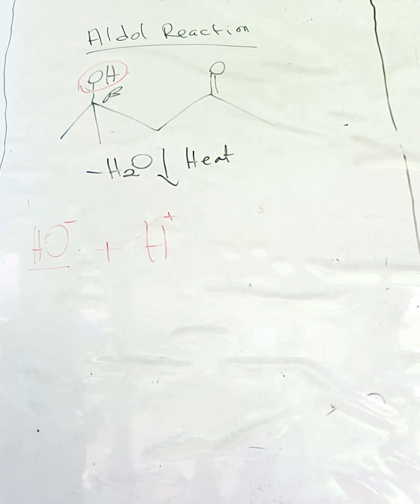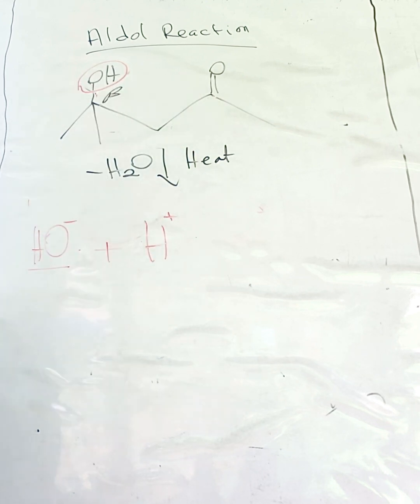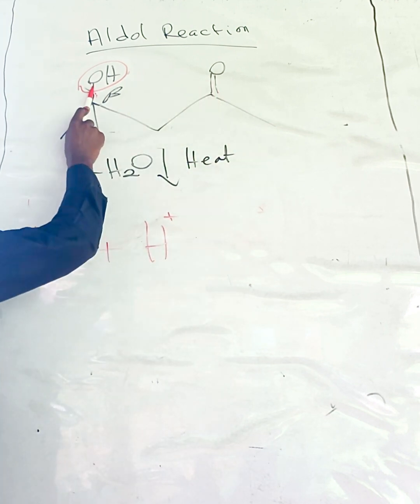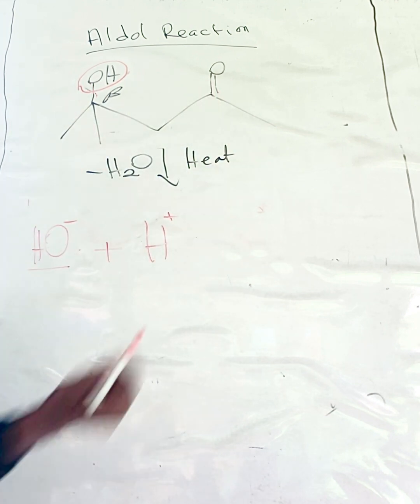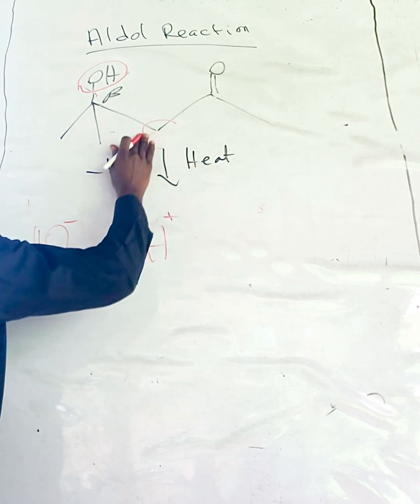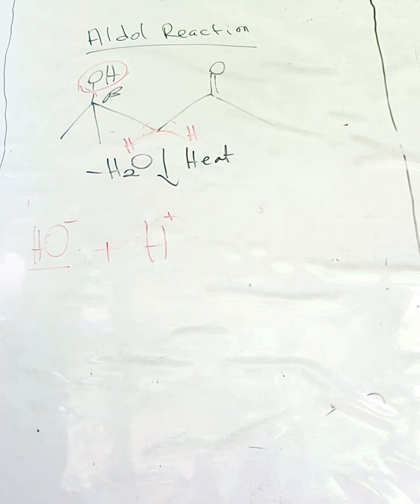Now the proton abstraction occurs on the alpha carbon, the carbon in between the carbonyl system and the alcohol system. In between the carbonyl functional group and the alcohol functional group, this is the carbon in between them, and this carbon has hydrogens attached to it, right?